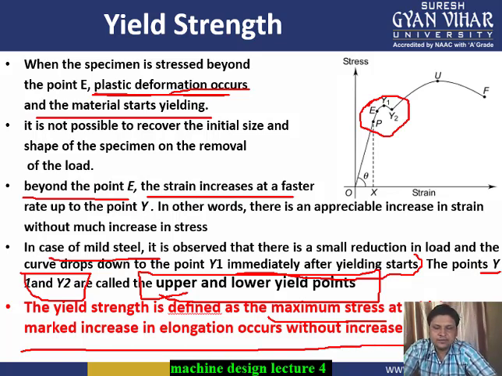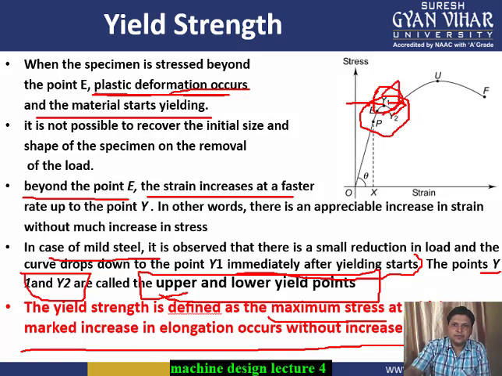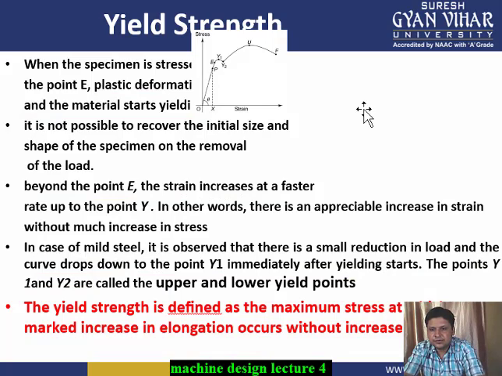So if someone asks you what the yield strength is, the answer is: it is the maximum stress at which a marked increase in elongation occurs without an increase of the load. After this point Y1, even if you don't increase the load value, you still get strain. So this point is known as the yield strength point. So this was yield strength for you.